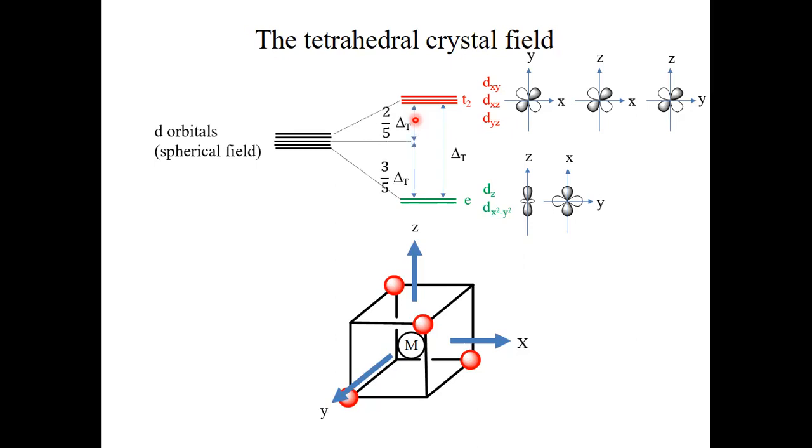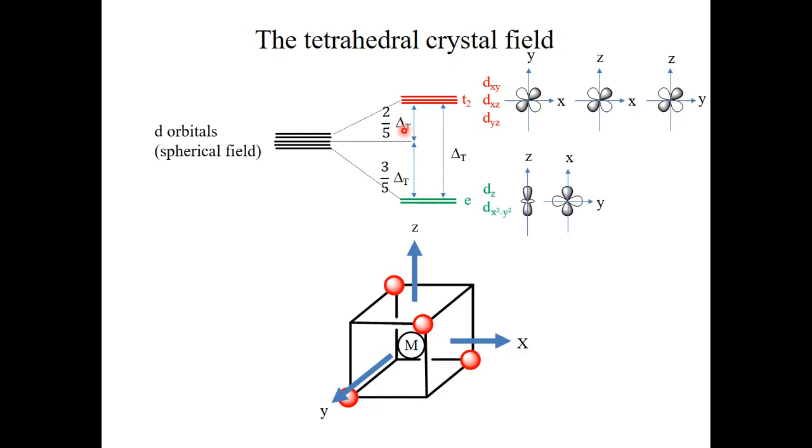So now again, because of energy conservation arguments, the E orbitals must be 3/5 of delta T below the energy level of the orbitals in the spherical crystal field, and the T2 orbitals must be increased in energy by a value of 2/5 of delta T.